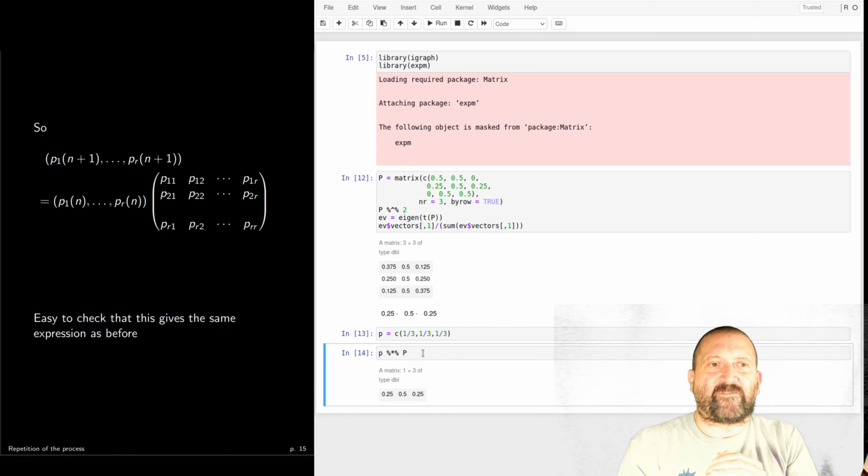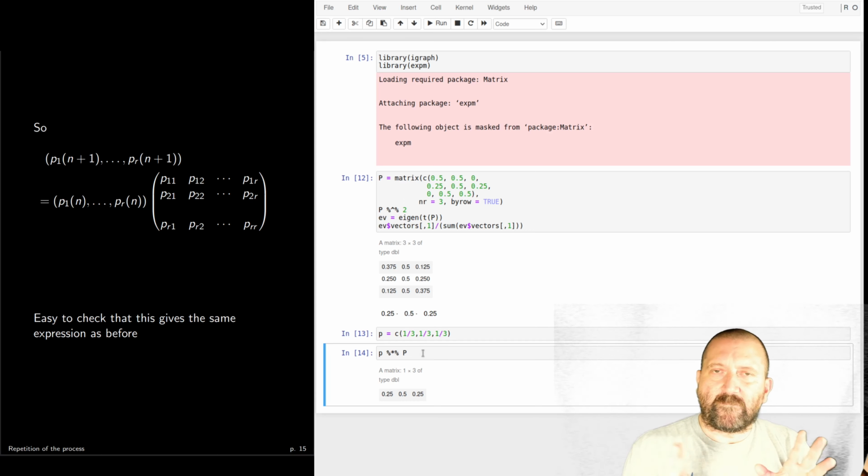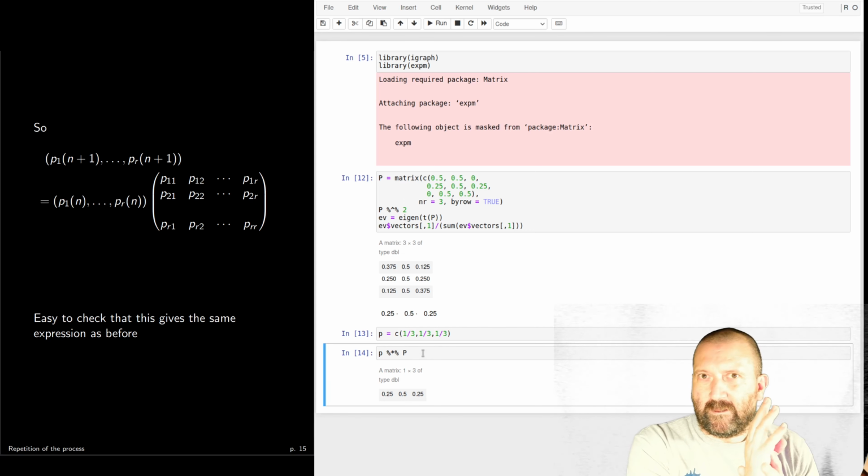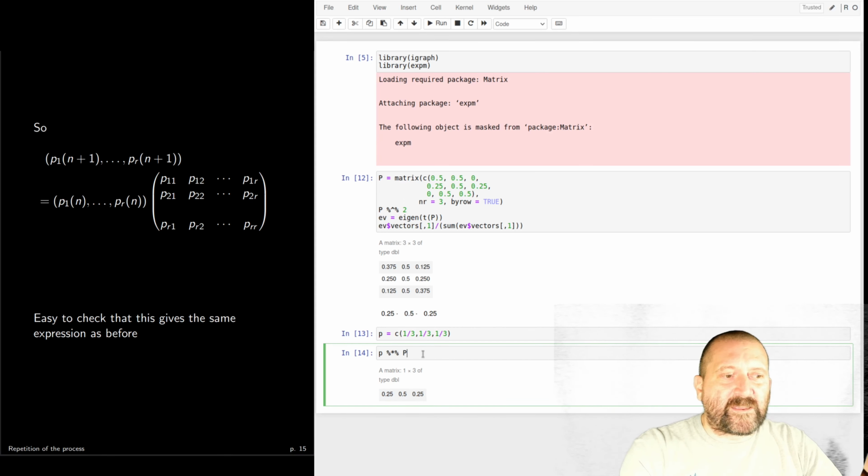So if we start out with a probability 1/3 of being in one of those states, dominant, hybrid, or recessive, then at the next step I have a probability 1/4 to be in the first state, which is dominant, a probability 1/2 of being in hybrid, and a probability 1/4 of being recessive.